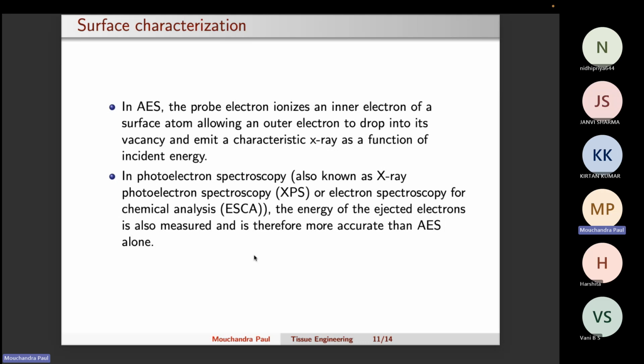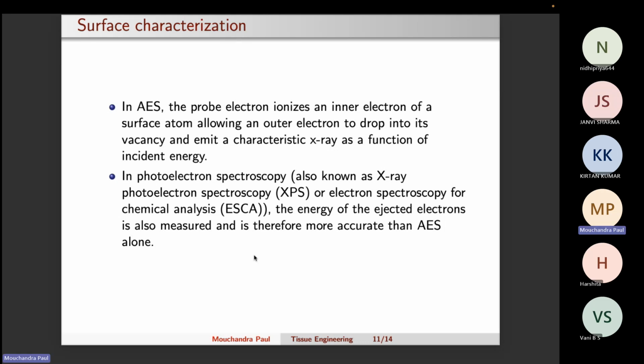And an electron which is present at a higher energy band drops down to a lower energy band, because of which you get a resultant emission. When the electron goes to the higher energy band, it requires energy. The energy is coming from the incident electron beam, whereas when it drops, it gives some emission. So this emission is studied.